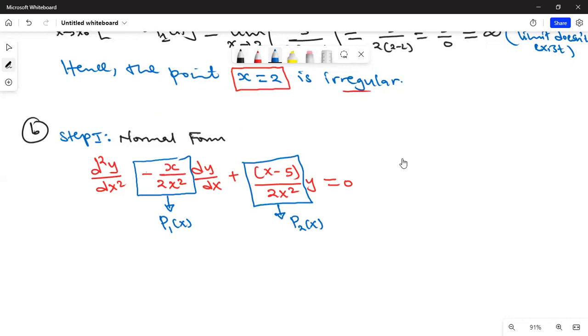So the second step is to find the singular points. So you can write here step 2. Step 2 is now about finding the singular points.